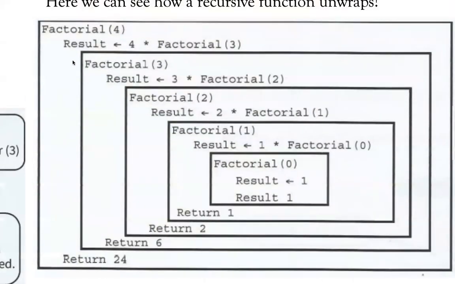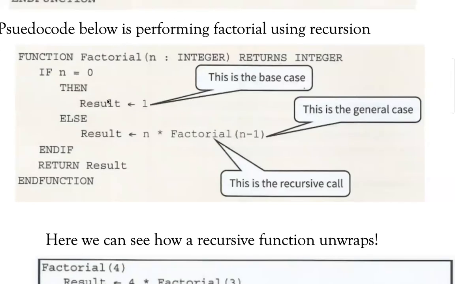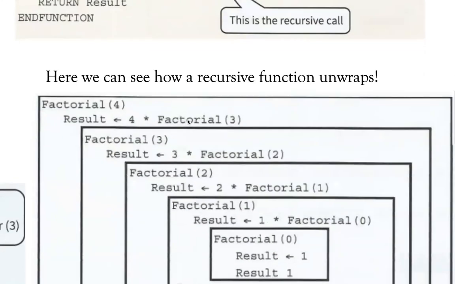As you can see here, I started off with factorial 4. For factorial 4, first I will have to find factorial 3. That's why the formula was n into n minus 1 factorial. So that's what's happening here. For 4 factorial, because it's not equal to the base case, I will move towards this execution: 4 into factorial 3.